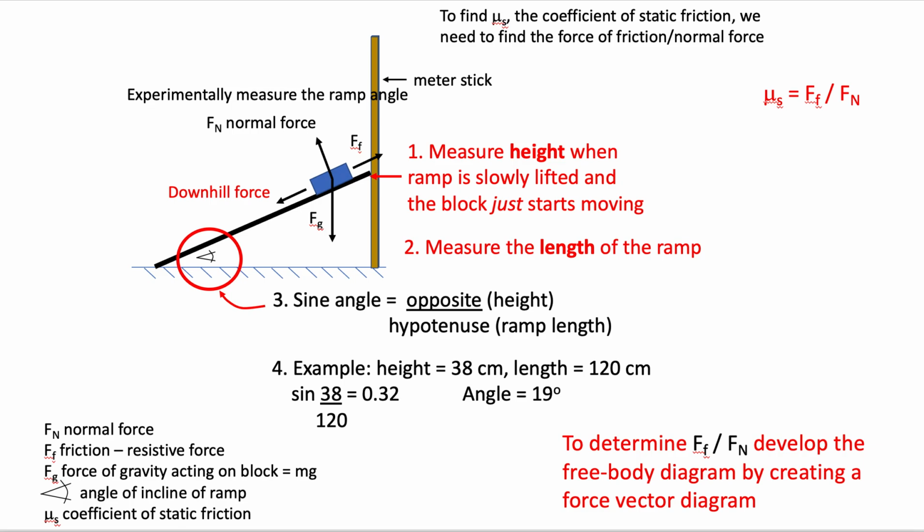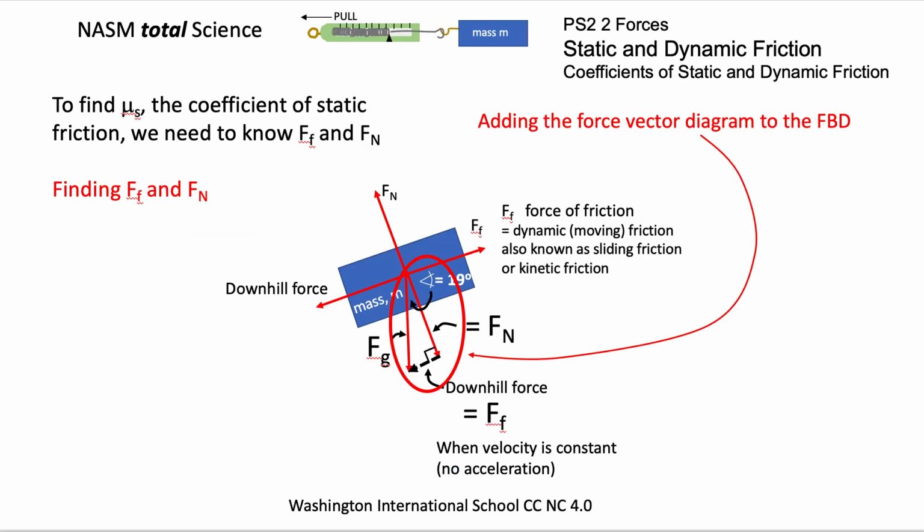And then we'll have the force vector diagram from that, and as you will see, we've just added it here to the free body diagram, and we're extending the normal force equal and opposite direction. So we've got a measurement of it with the downhill force and an angle.